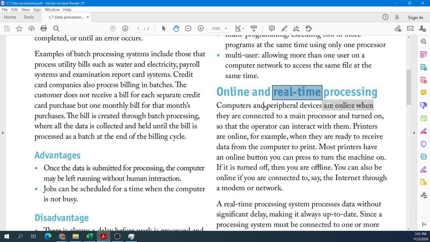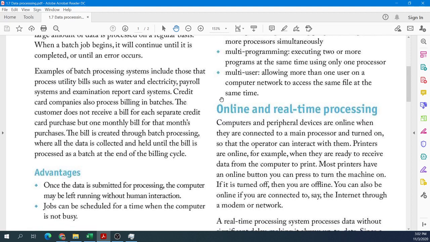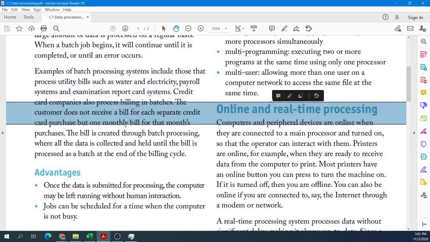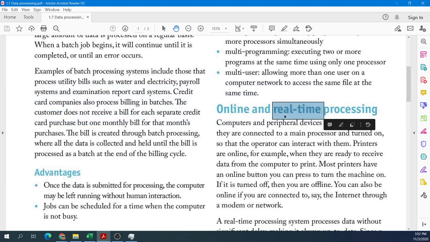So remember, if a device is real time, that means it also has to be online. But if a device is online, that does not mean it is real time. So remember that one.